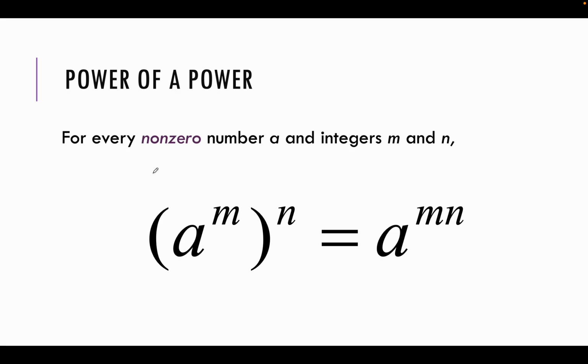That brings us to our power of a power rule, which says that for every non-zero number a, and integers m and n, a to the m power raised to the n power is equal to a to the m times n power.